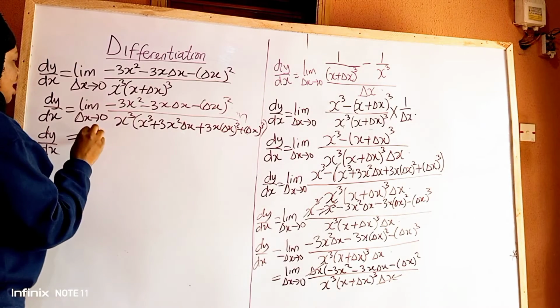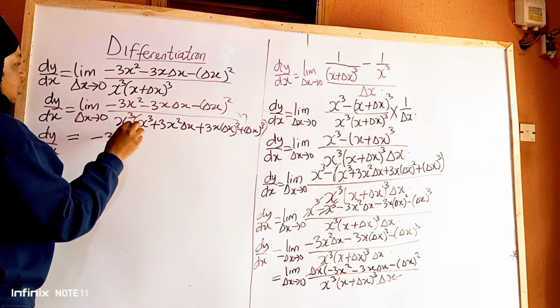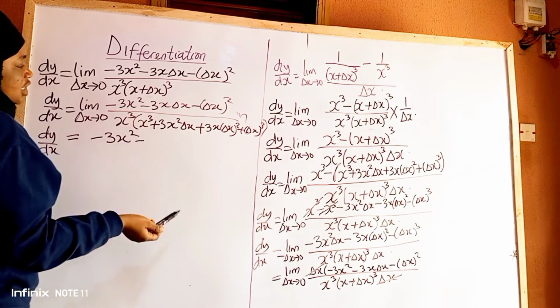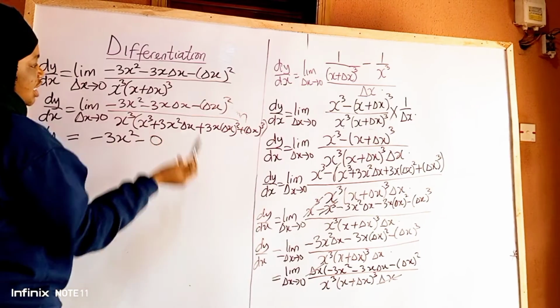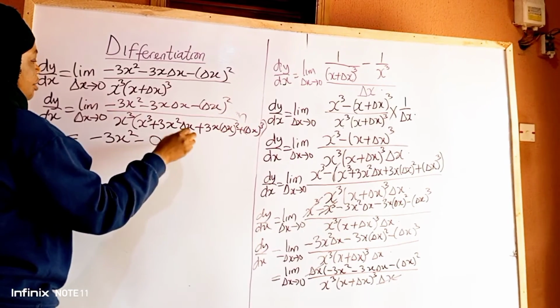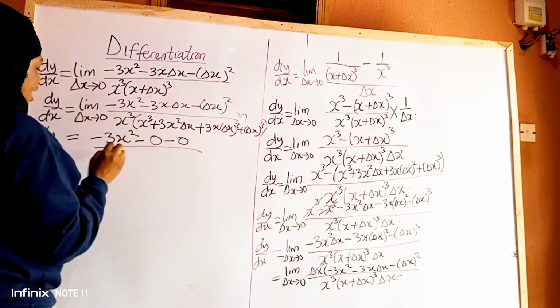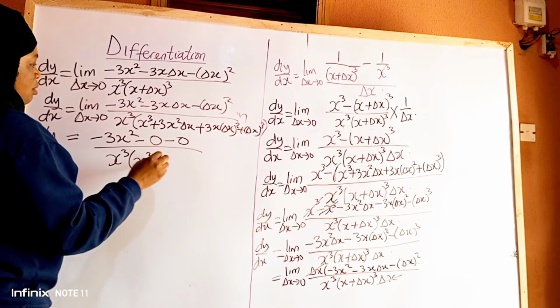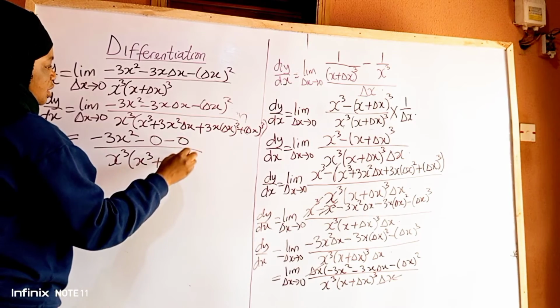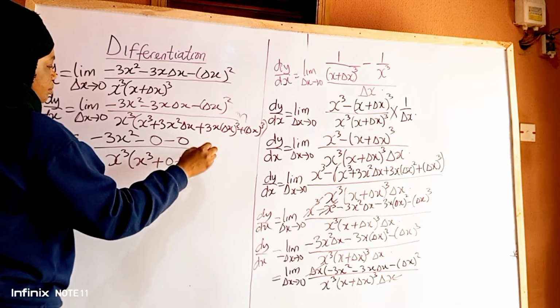So I have minus 3x squared minus 3x multiplied by 0 gives me 0, minus change in x squared gives me 0, over x cubed into bracket x cubed plus 0 plus 0 plus 0.